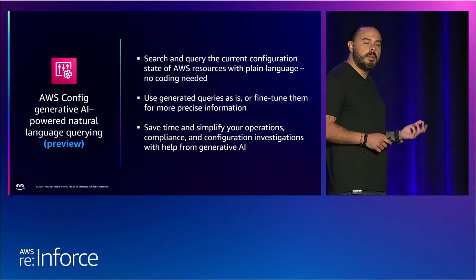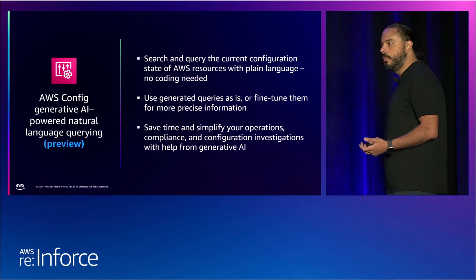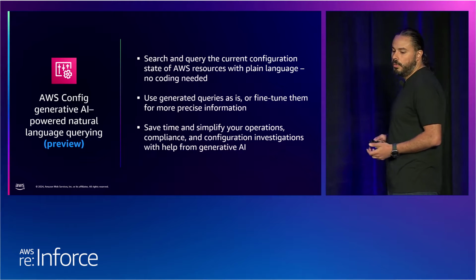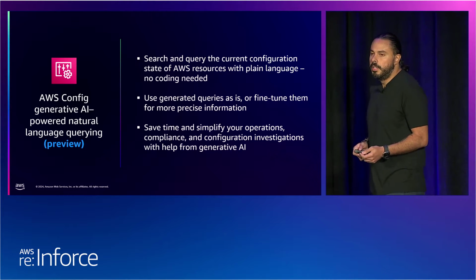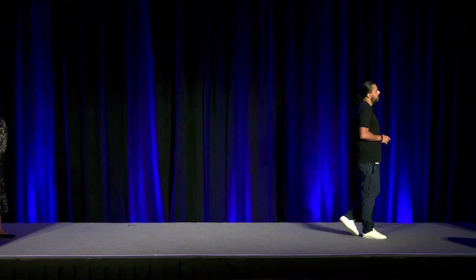Remember that Sandi has average SQL skills, but she's still learning AWS. So she is not familiar with all the SQL statements and the parameters that she needs to leverage. So this will allow her to be more expedited in her investigations. You can use the queries as they are generated, and we're going to see that in a few minutes. And of course, it saves her time, simplifies the investigations, and helps her keep track of the configurations and run the investigations that she needs.